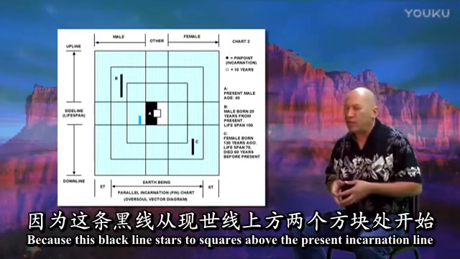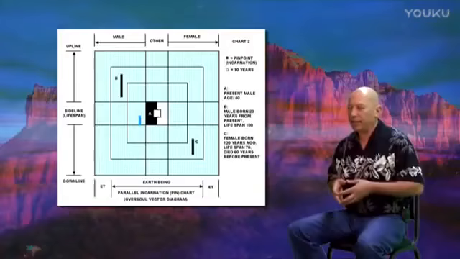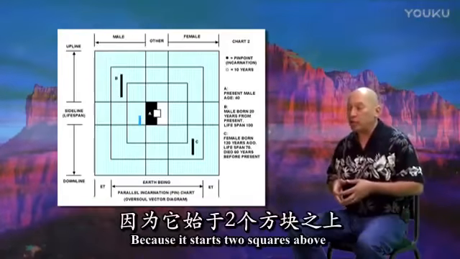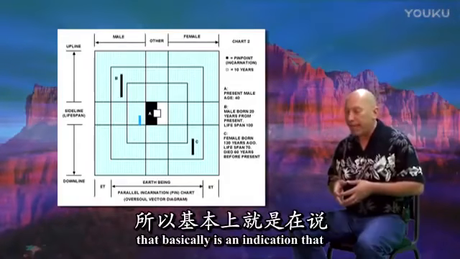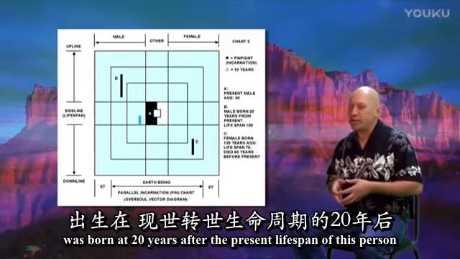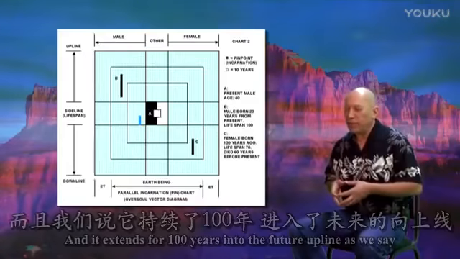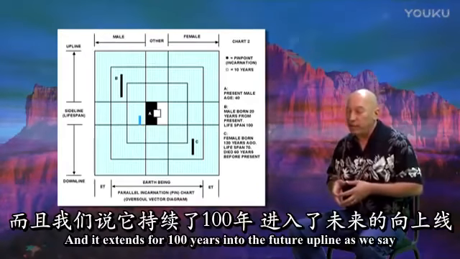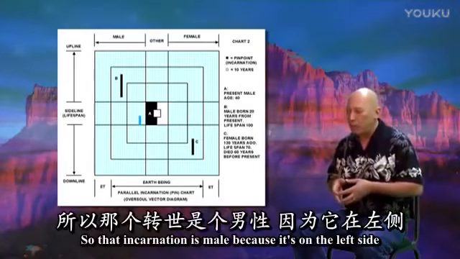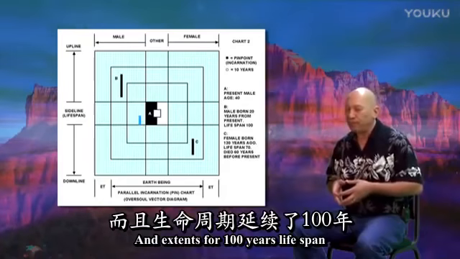Because this black line starts 2 squares above the present incarnation line, the side line, which represents the lifespan in present incarnation, that basically is an indication that that particular incarnation was born 20 years after the present lifespan of this person, and extends for 100 years into the future, upline as we say. So that incarnation is male, because it's on the left side, and extends for 100-year lifespan.